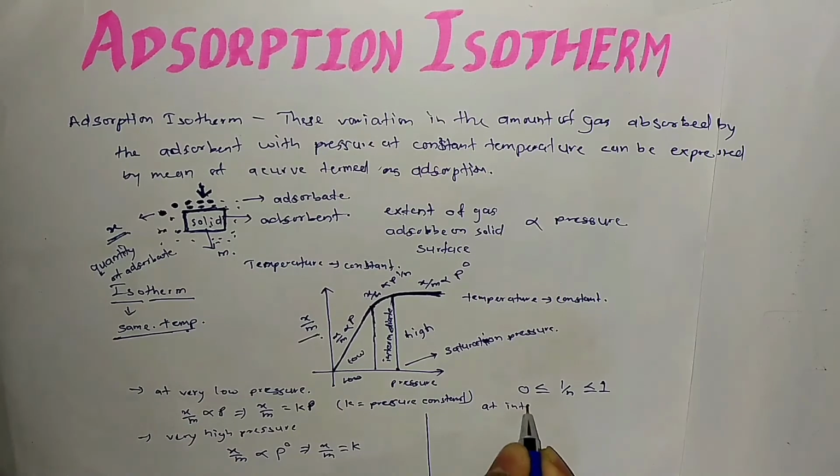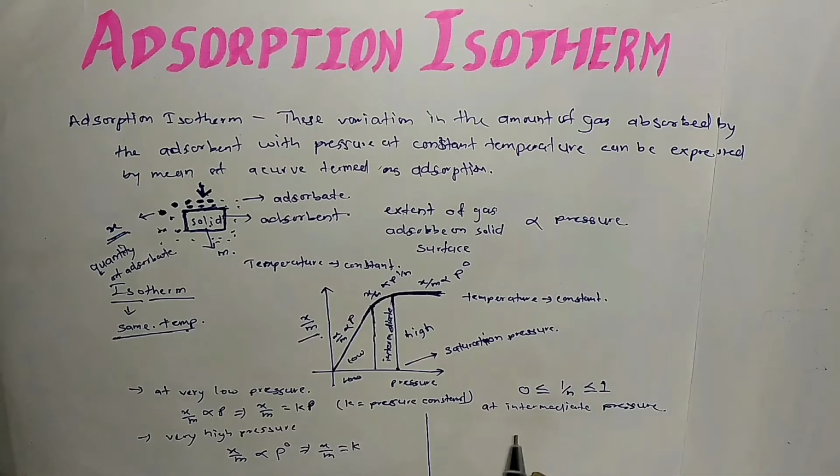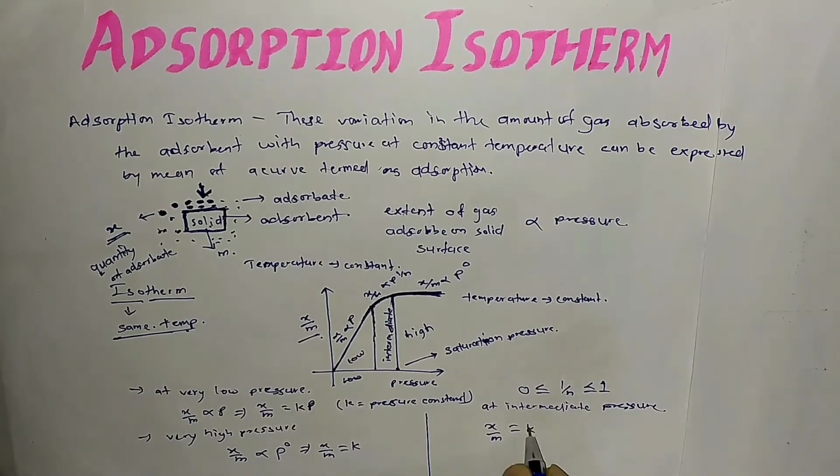At intermediate pressure, the value of x by m is equal to k p raised to power 1 by n.